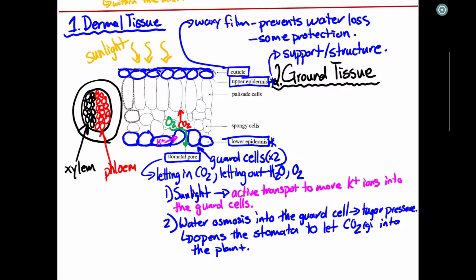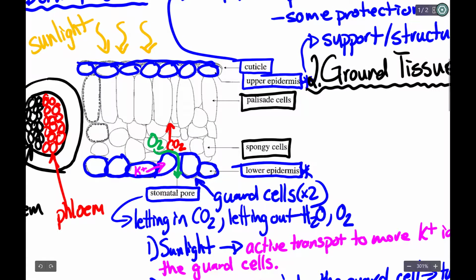So the ground tissue is made up of two major parts, the palisade mesophyll cells and the spongy mesophyll cells, but we can just call them the spongy cells and the palisade cells. Now, the spongy cells are the ones that are more loosely packed on the bottom. If you'll notice, there's kind of gaps in between them here and here and here.